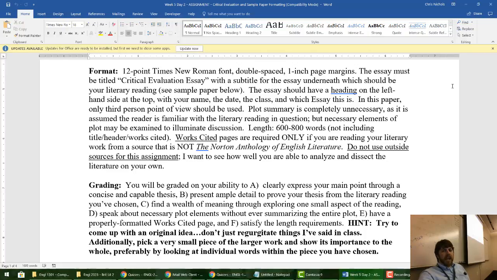And I don't want you to use any outside sources, like SparkNotes or eNotes or any place where somebody's told you that they understand this really well and that you should trust them. Because I really want to see how well you're able to analyze and dissect the literature on your own. I want to see how creative you can get. That's what I prefer. When you start using outside sources and you're like, oh, this is what it means, then I feel like what I'm reading is you being a puppet of the sources that you found.